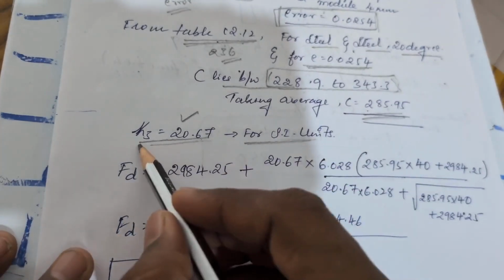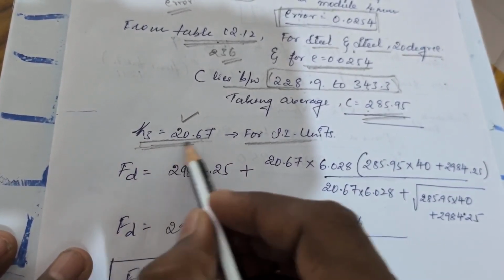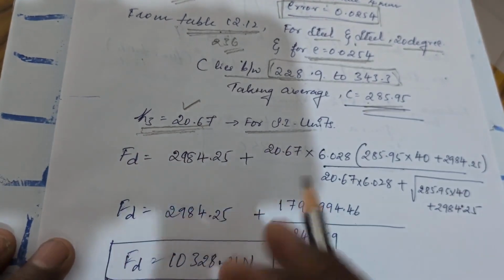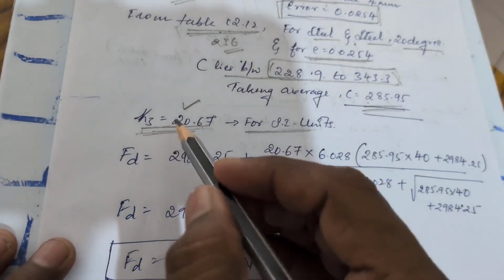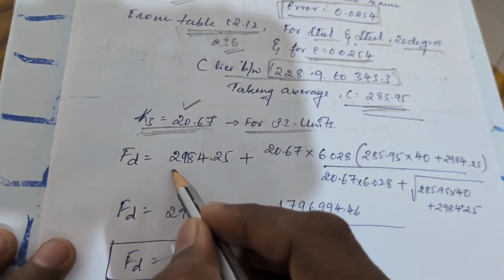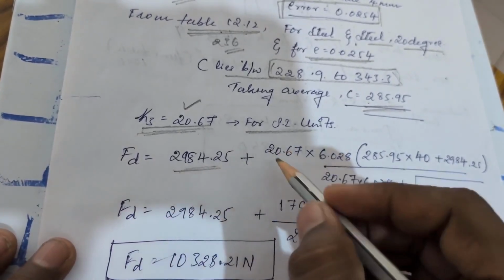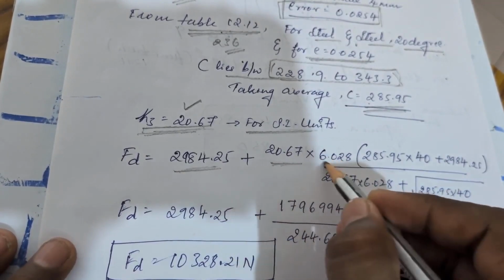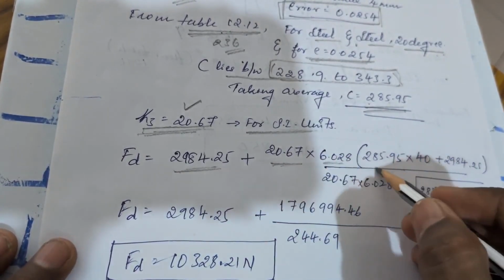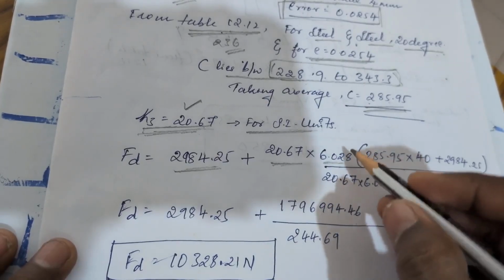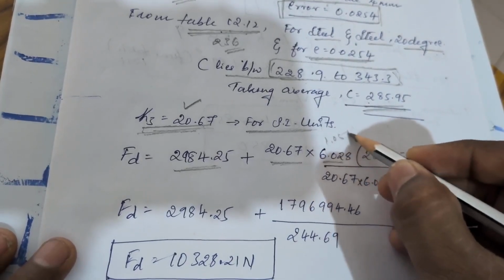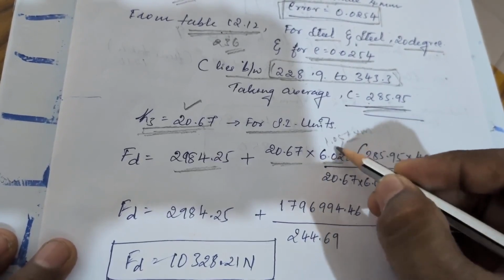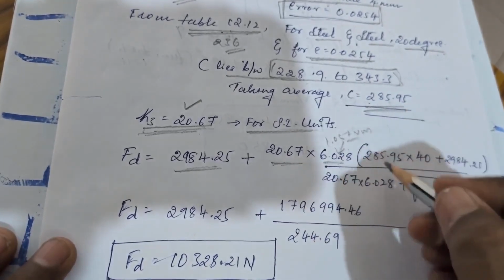K3 value is directly given in the data handbook, which I have entered. After substitution, the Ft value is this, and this is the K3 V value which I got from 1.057 into m. If I substitute, I will get this value.